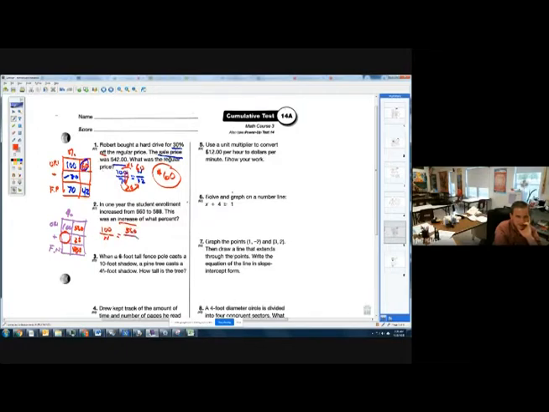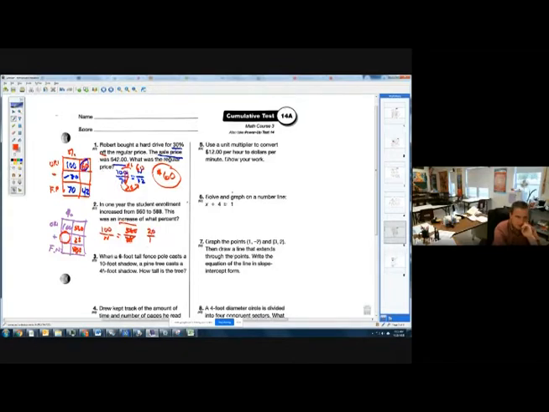560 over 28. Now, I don't know about you, but as I look at this, I can reduce. If you can't reduce this, then by all means, you're going to have to do cross products: 100 times 28 divided by 560. But since 28 times 2 is 56, I could cross these things off. This becomes a 1, and 28 goes into 560 20 times.